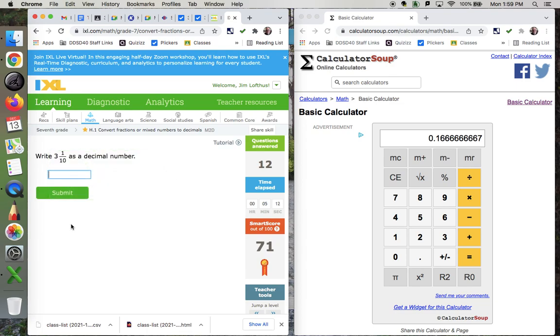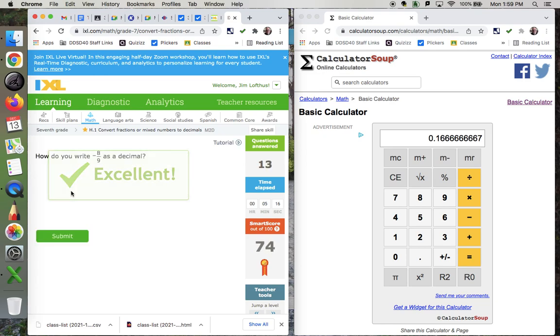And 1/10 is 0.1, so this is 3.1. And 8 divided by 9. Anything divided by 9 is repeating that decimal, so it's 0.8 repeating. So 7/9 was 0.7 repeating. 2/9 is 0.2 repeating. And 8/9 is 0.8 repeating.